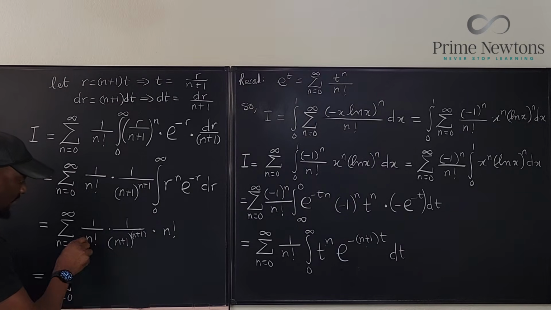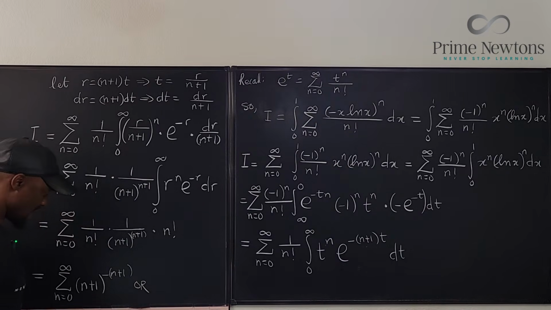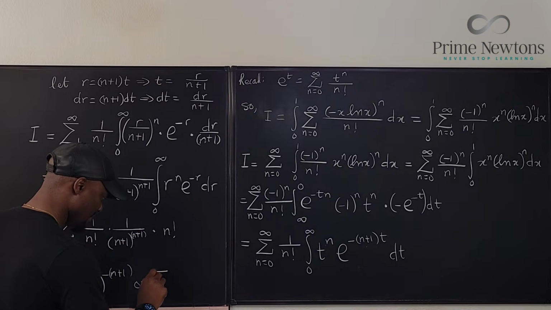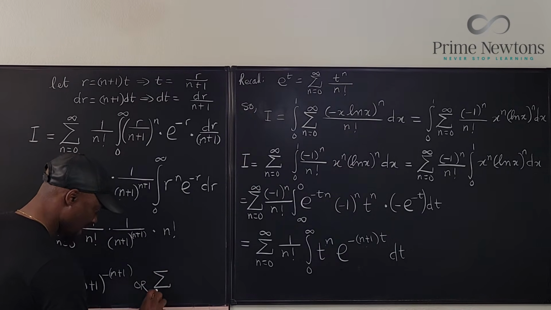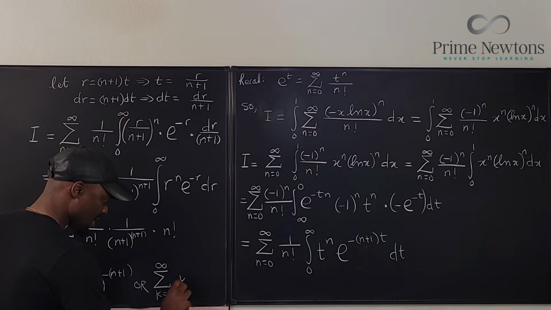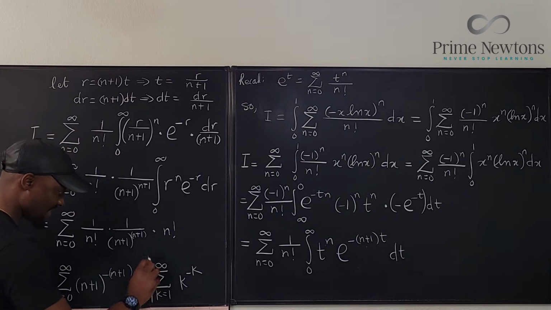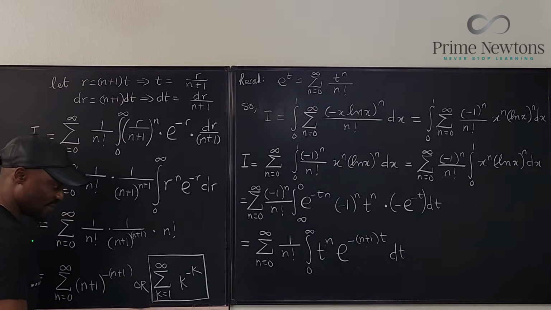This is going to cancel this, and our answer is n plus 1 raised to power negative n plus 1. Or you can write it this way. It is the sum from k equals 1 to infinity of k to the negative k. This is the answer I would write.